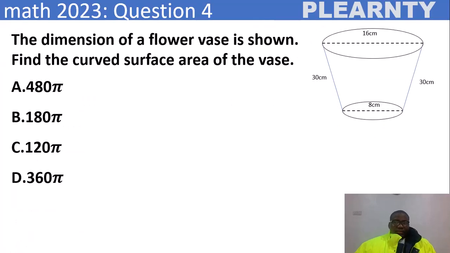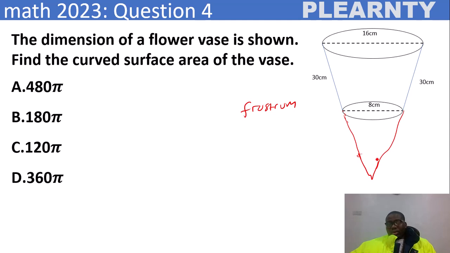The dimension of a flower vase is shown. Find the curved surface area of the vase. So this flower vase that you have right here has the shape of a frustum of a cone. It would have been a complete cone if you had the full length.